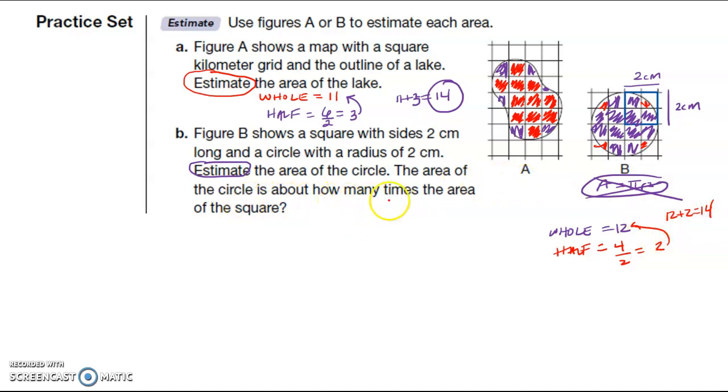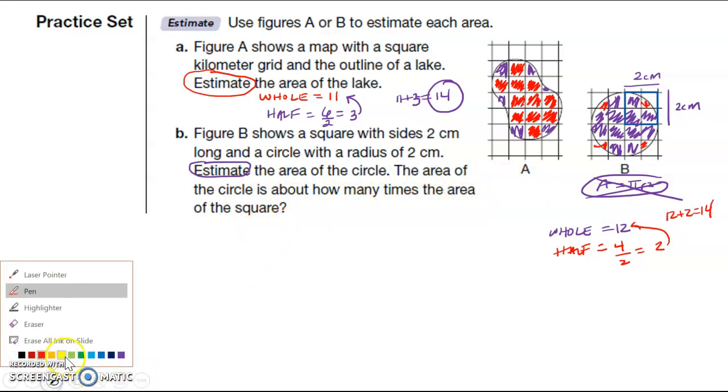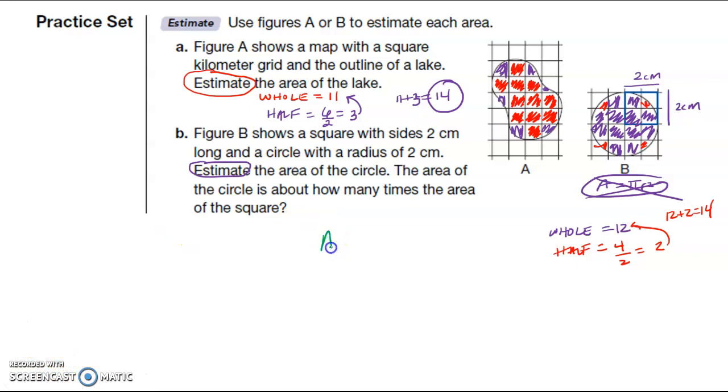The area of the circle is about how many times the area of the square? The area of the square is length times width, which is 2 times 2, which is 4. And it's asking how many times the area, so that's really how many times 4 goes into 14.